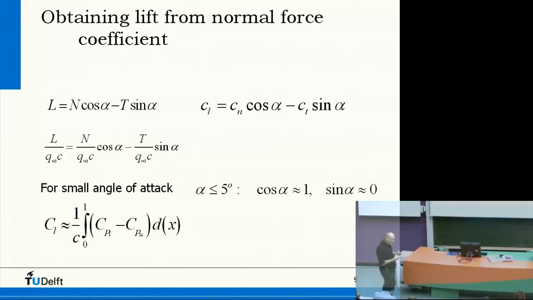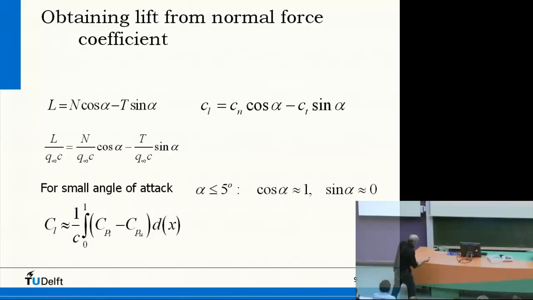Okay, so if we have the normal force, the tangential force is of course integrating in the y direction. That's a little bit more difficult, but if you integrate from minus y until plus y, perpendicular to the chord line, then you have this T. If you write it down as coefficients, then you see here Cl equals Cn cosine alpha minus Ct sine alpha.